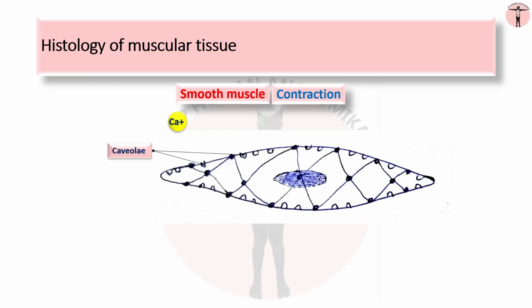Because troponin is absent in smooth muscle cells, cross-bridge formation is regulated by the protein calmodulin and not by the troponin-tropomyosin complex. When a smooth muscle cell is stimulated, external calcium ions pass through open calcium channels, caveolae, in the sarcolemma, with additional calcium released by the sarcoplasmic reticulum. The calcium, as it enters the sarcoplasm, binds to calmodulin to form the calcium-calmodulin complex.